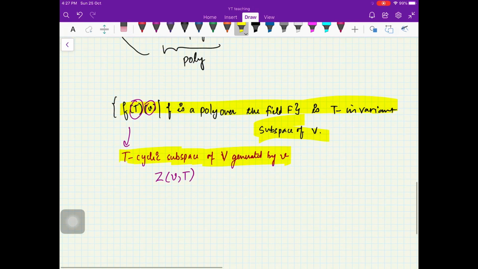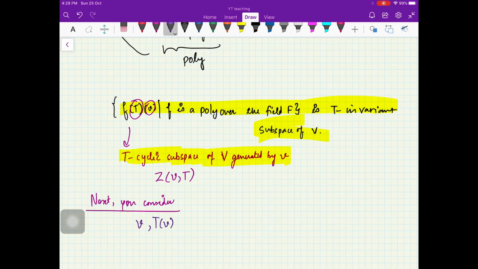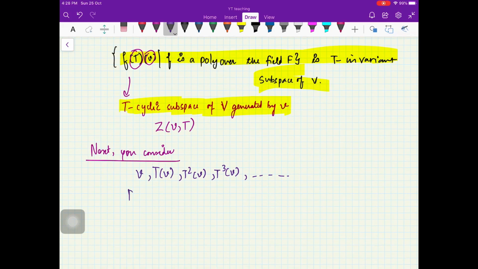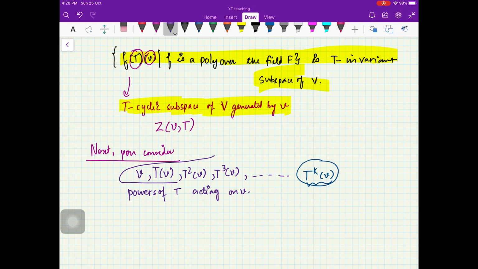Now there is one more definition. Next you consider v, Tv, T squared v, T cubed v, and so on. These are powers of T acting on v, and you keep doing that. Suppose there comes a place where T^k v is a linear combination of the elements before it.